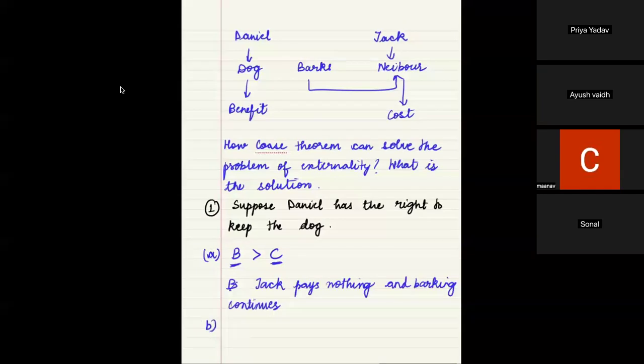Now, the second situation, where the benefit B that Daniel gets is less than the cost C that Jack bears from the dog. In this case, Jack goes to Daniel. Why Daniel? Because Daniel has the right to keep the dog. Jack says, I am incurring a cost, you are getting a benefit. The benefit you get from the dog, take it from me.